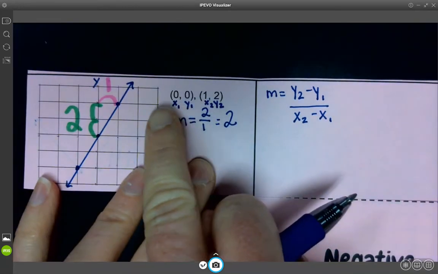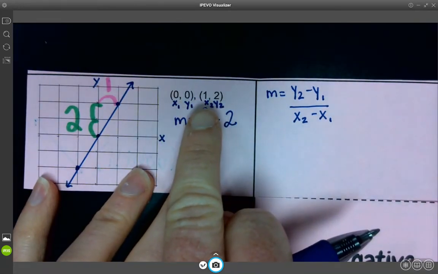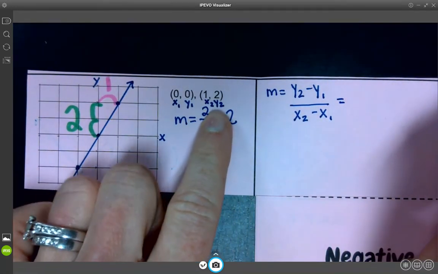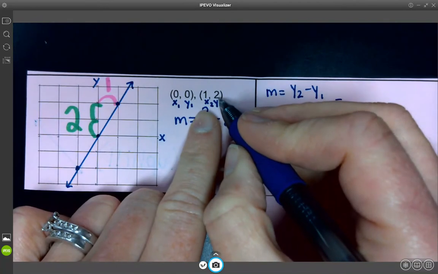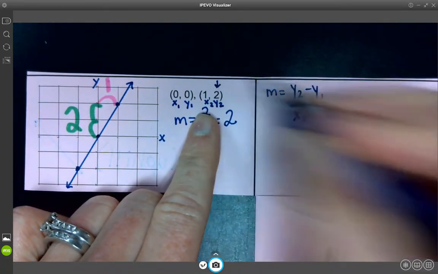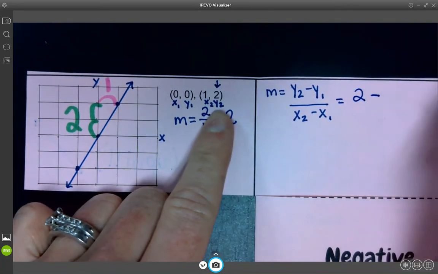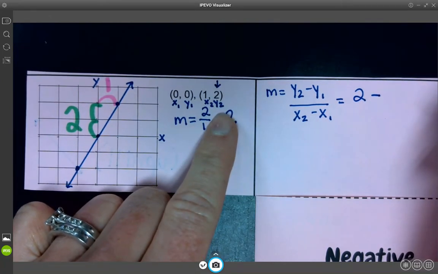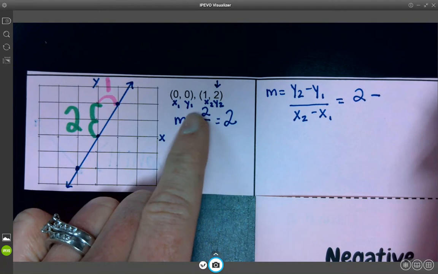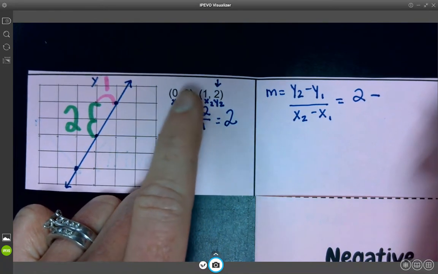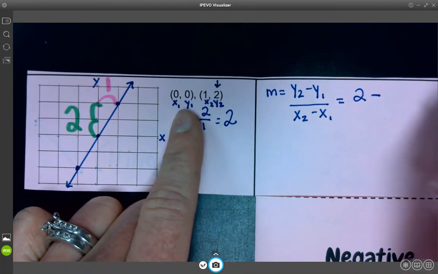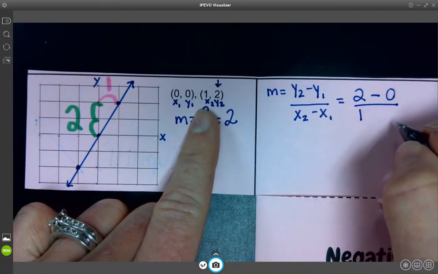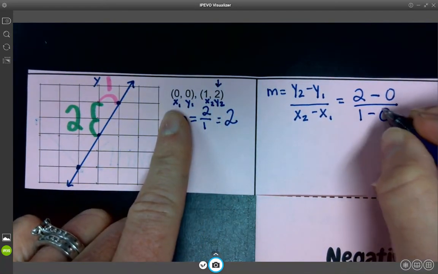So we can use our coordinates to plug into the formula. So look at y. Y2 is 2 right here. So it's 2 minus, so it's the second number of the second ordered pair minus y1, the second number of the first ordered pair, so minus 0 over x2 is 1 minus x1.